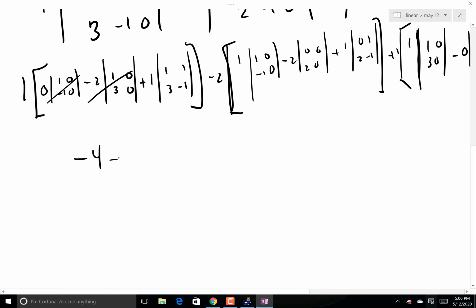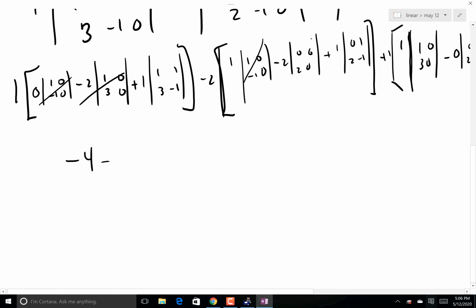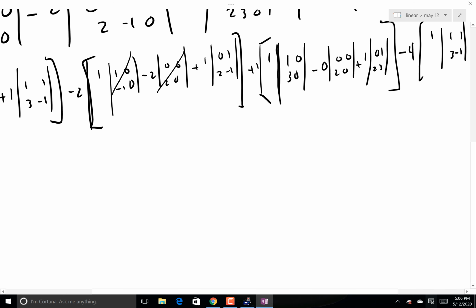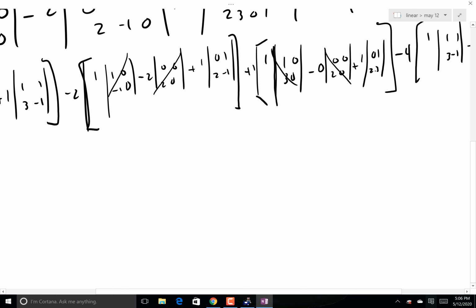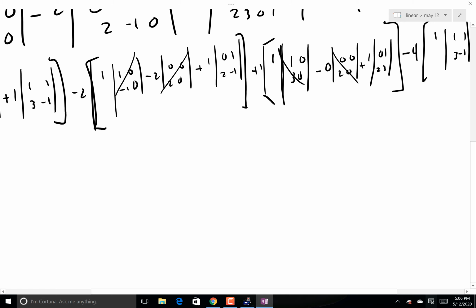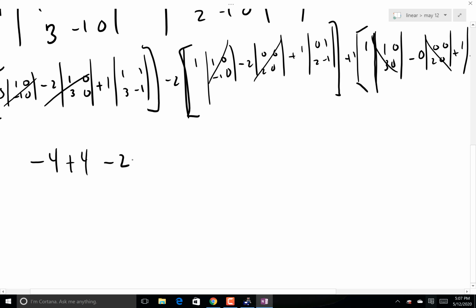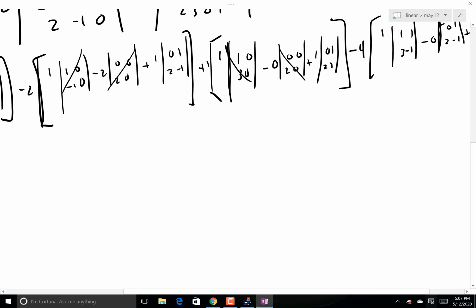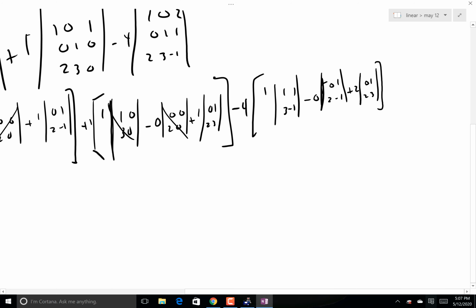Cool. And then here you're going to have 0, 0, and then 0, minus 2, negative 2, negative 2, positive 4. And then minus 2, so minus 2 times 1 is minus 2. And then, lastly, negative 1 minus 3 is negative 4.